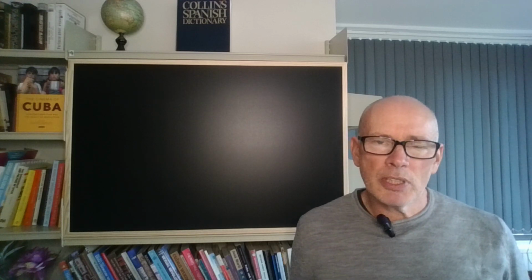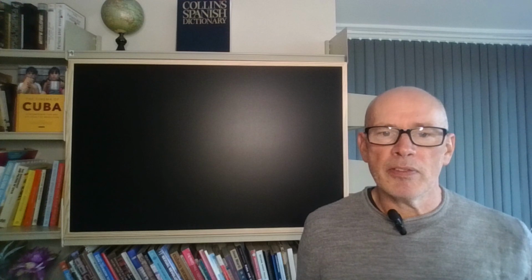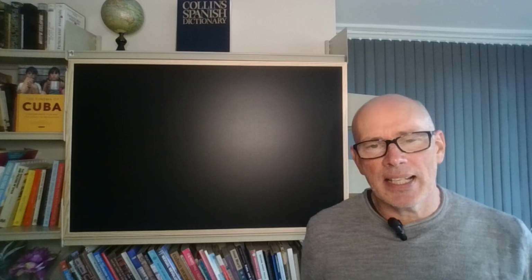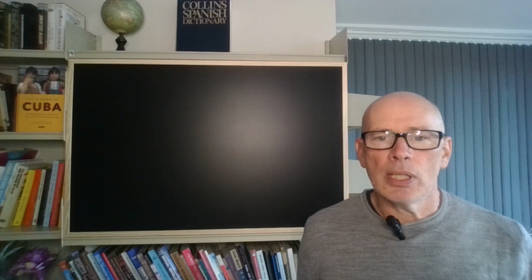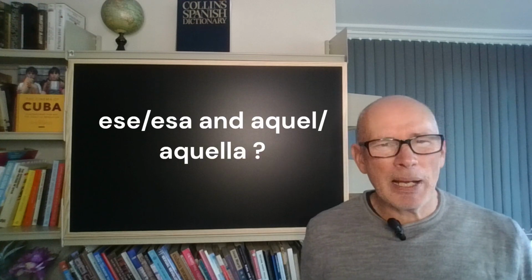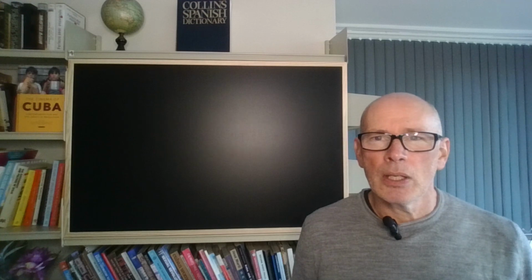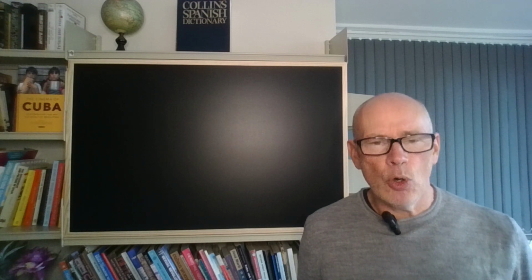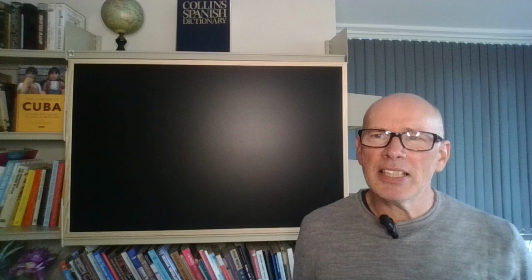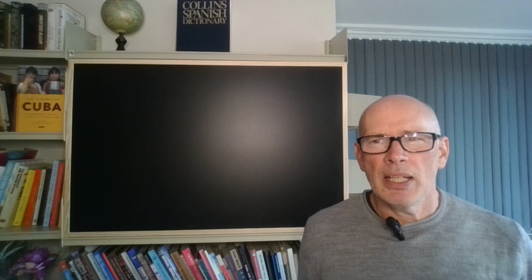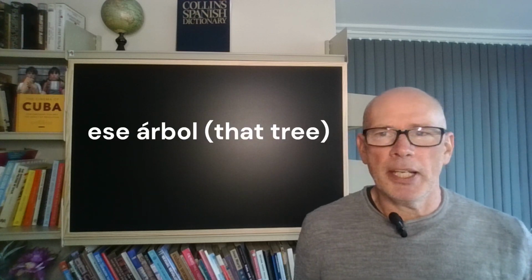So, what about the difference between the use of ese or esa and aquel and aquella? Well, it's all about distance, both in time and in space. You can always use ese or esa to refer to something in the distance. For example, ese árbol, that tree.